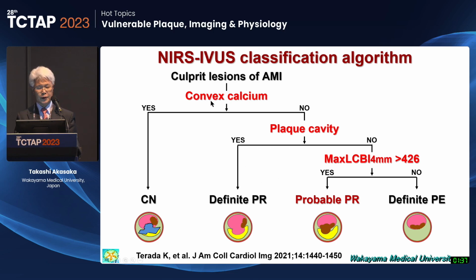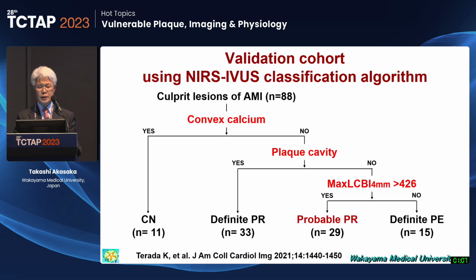If you identify convex calcium by NIRS-IVUS, this is a calcified nodule. If you identify the plaque rupture cavity, it should be a definite plaque rupture. If you cannot identify any plaque cavity by IVUS, and max LCBI is more than around 400, it might be a probable plaque rupture. And if it is less than 400, it is a definite plaque erosion.